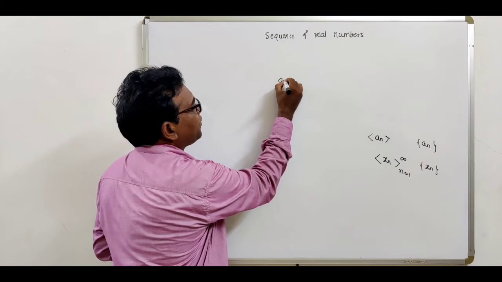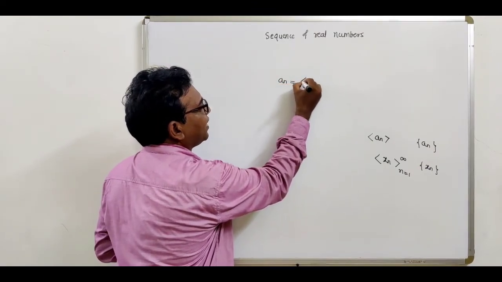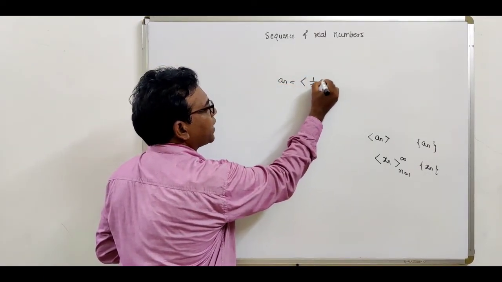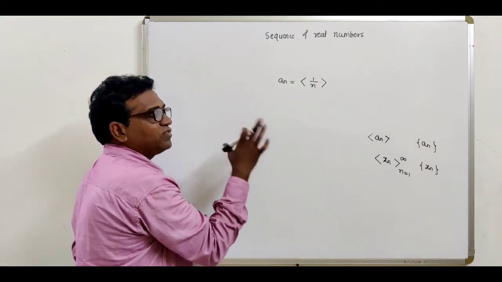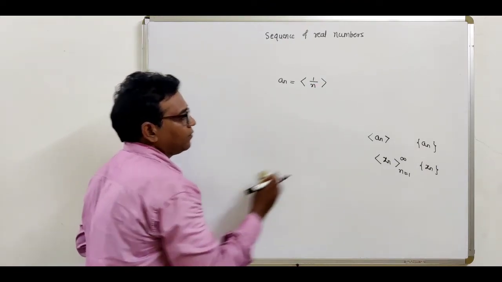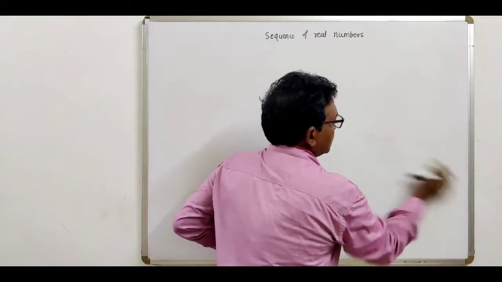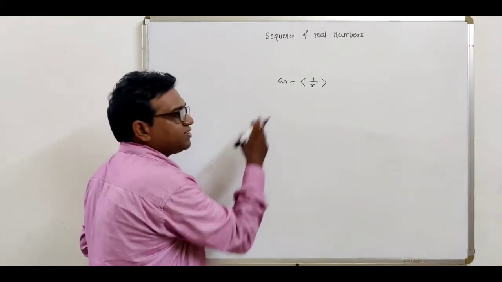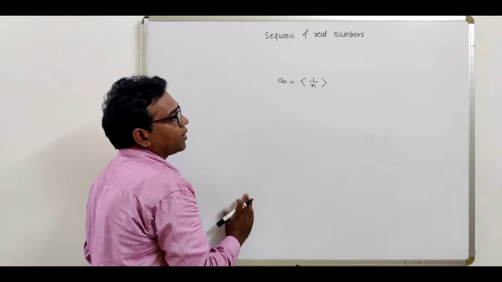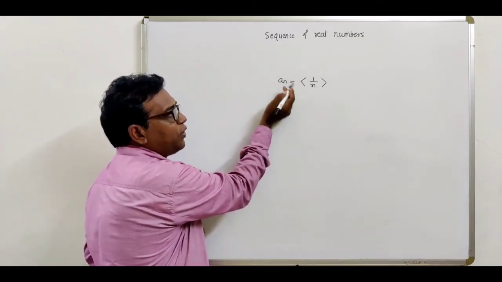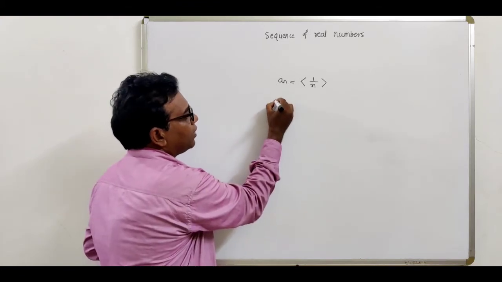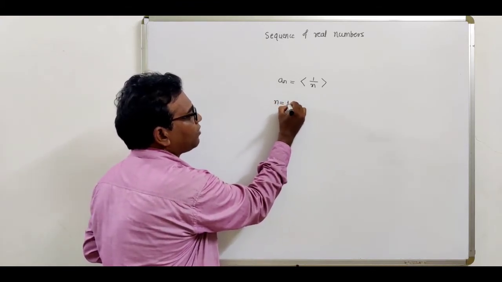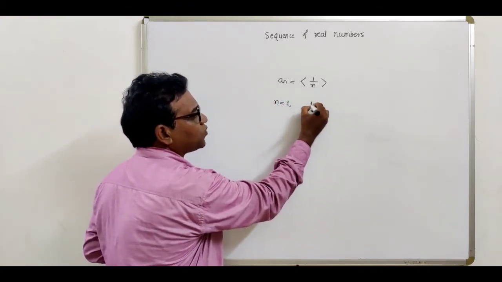Now suppose we consider the sequence a_n equal to 1 upon n. This is the well-known sequence 1 upon n. So what are the elements of this sequence? We have to take n from the natural numbers. Put n equal to 1, the first element is 1.